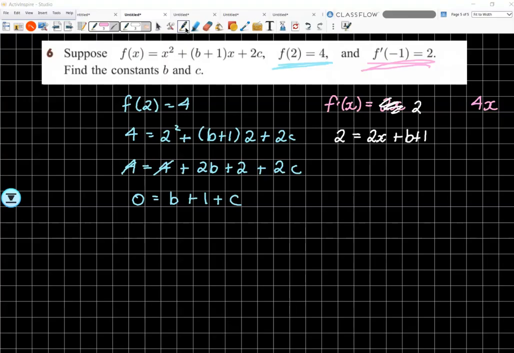So I've got that. You're right, x is minus 1, so we've got 2 equals minus 2 plus b plus 1. 4, take 1, so therefore isn't b 3? It means you can now sub it back in here, and you should be able to find c.